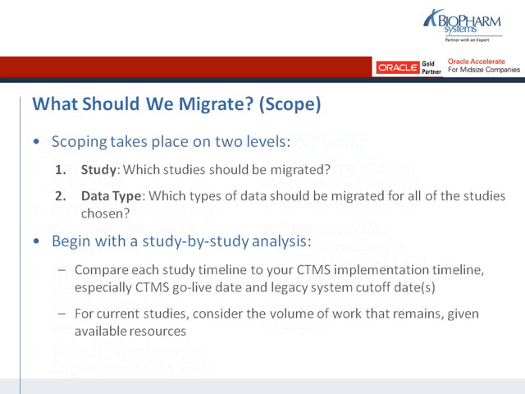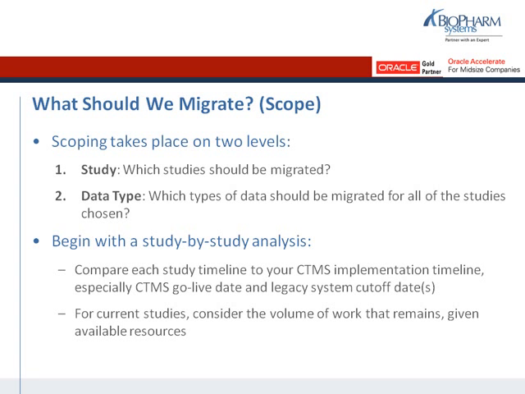So first, we need to look at good candidates for migration from a study perspective. You'll need to take into account the benefits you specifically are looking for, as from the previous question. So everything needs to align to the answer to your first question, which is should we migrate, and what are the benefits we're looking for.